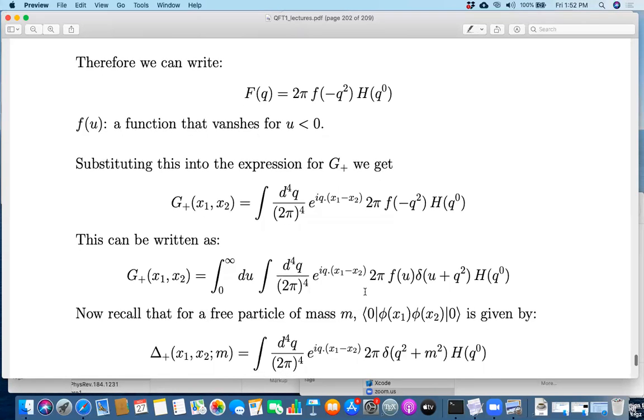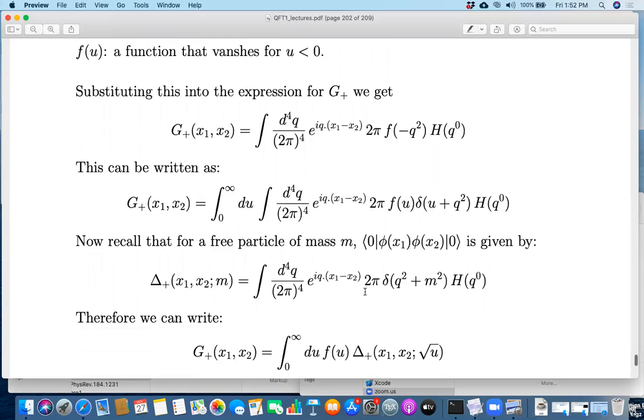So to see this, we have to remember the form of the same two-point function, but this time for a free particle of mass m. So suppose you had a free particle of mass m, the free Klein-Gordon equation. We did calculate this quantity in the free Klein-Gordon field theory, and instead of calling it G plus, we called it delta plus, and that delta plus had this form.